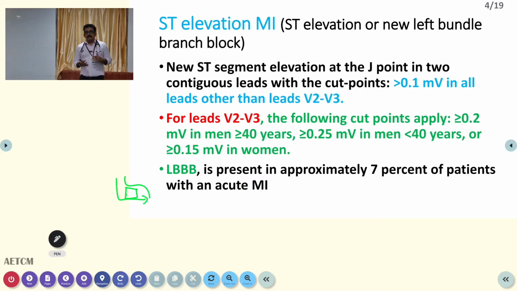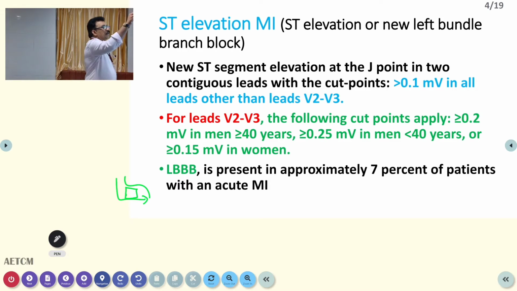So to call it ST segment elevation MI, we need to have ST segment elevation with elevation of troponin I and CKMB, whereas if patients have chest pain and new onset LBBB with elevation of cardiac enzymes, then also you can call it acute myocardial infarction.